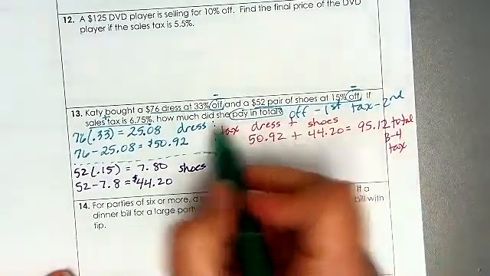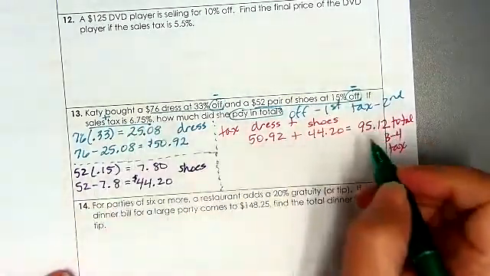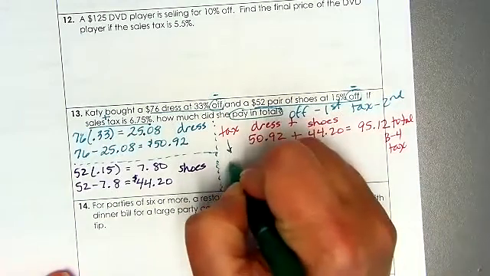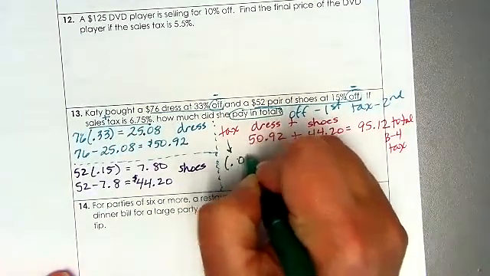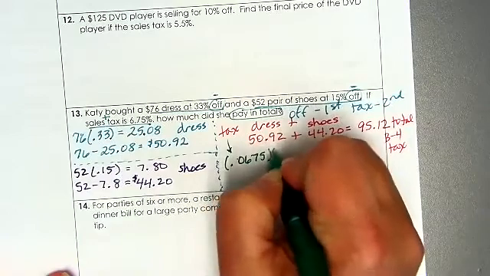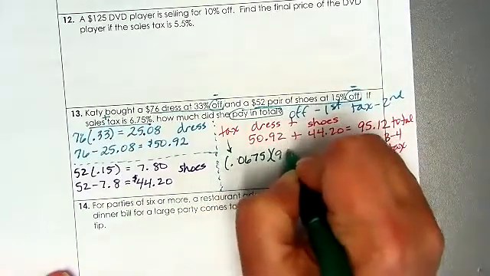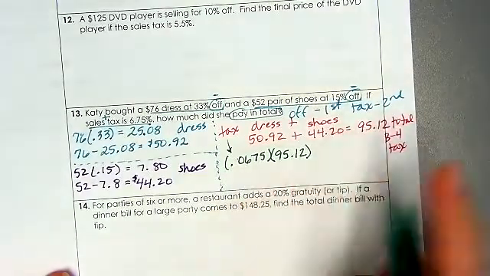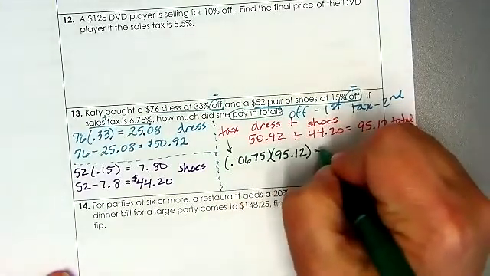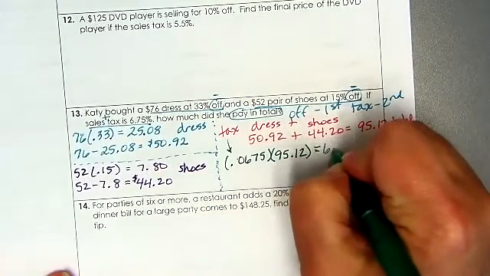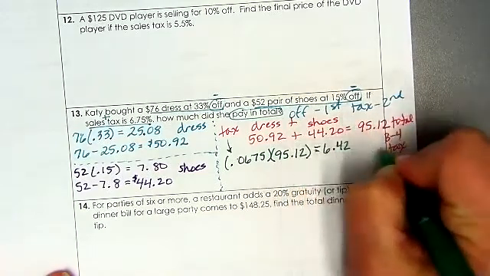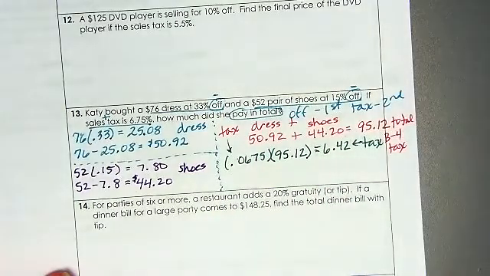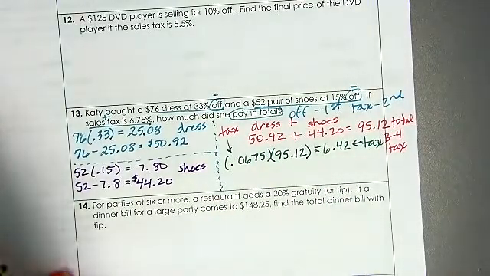Now we got to work it out with the tax. So I'm going to have, and my tax is 6.75%. So I'm going to be doing 0.0675 times 95.12. And when I do this multiplication, it ends up being $6.42. This is the amount of the tax. So that's my exact tax.